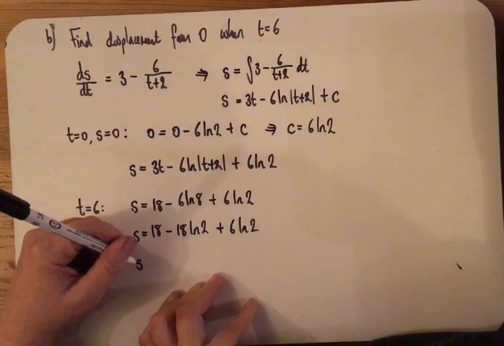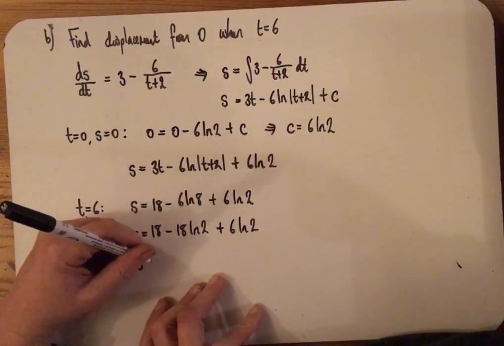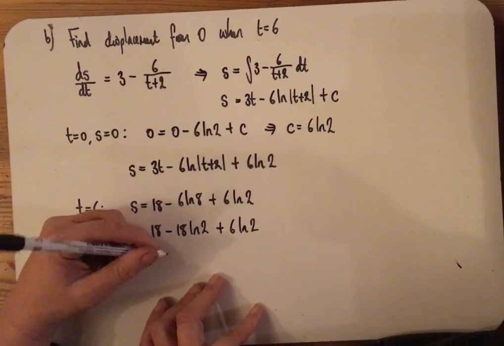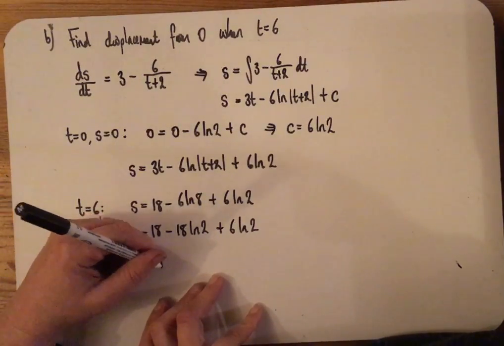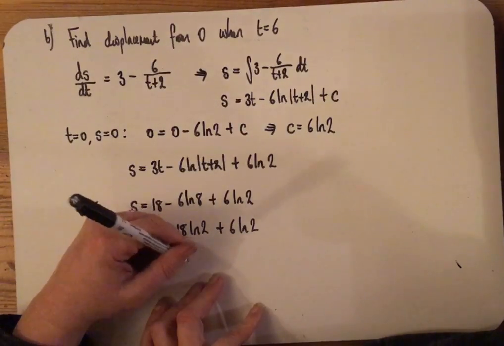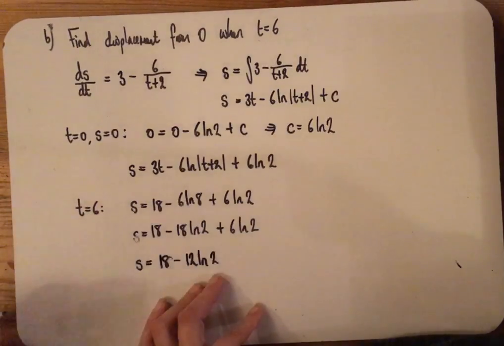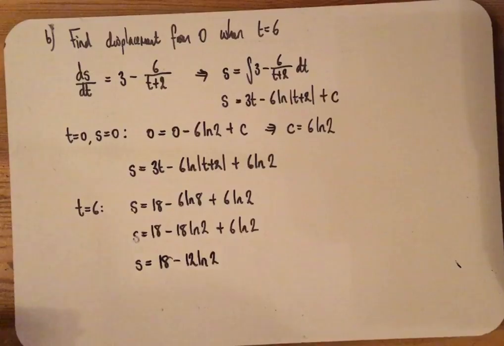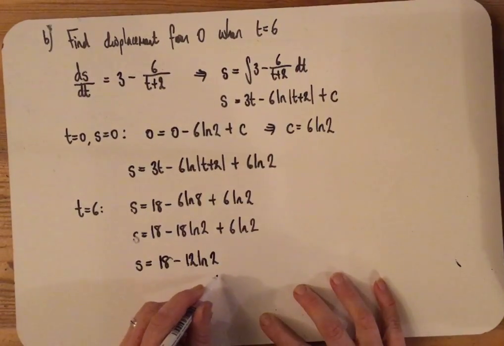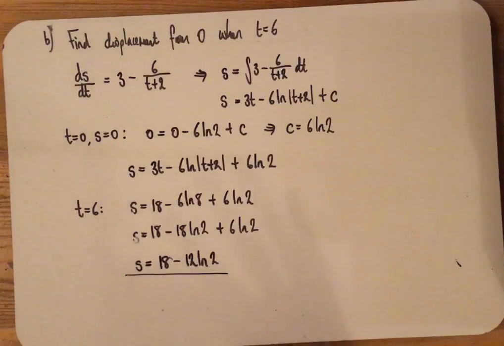And that just tidies it all up a little bit. So the displacement is equal to 18 minus 12 ln 2 meters, if we're working in meters. So as an after half-term warm-up, if you could do a few of those, and then we'll look at bringing in some of the further maths techniques after that.